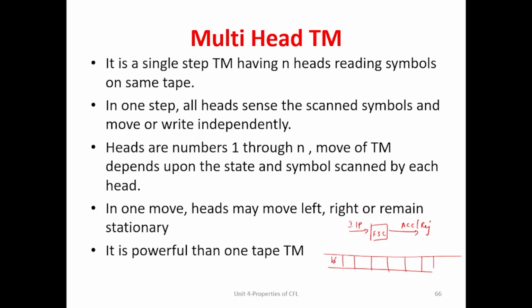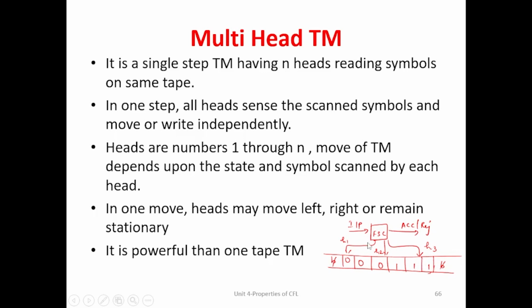Only one tape is available, which stores the initial input string of a particular language, in which the finite state control at a time can point to symbols with more than one tape head. So in one step it can check the first symbol using head 1, the third symbol using head 2, and the fifth symbol using head 3.